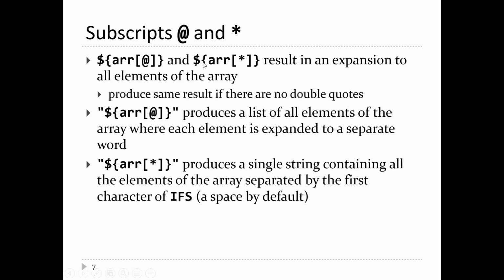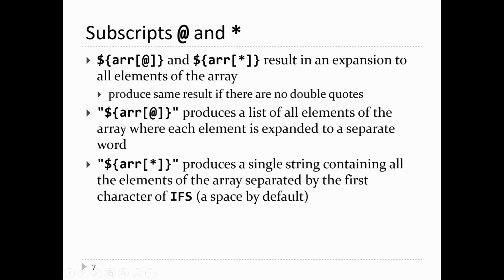Right? So whatever strings you have in your array, you end up with the same expansion. So what you get is a list of all the elements in the array. Okay? Now, there's no double quotes around this, right? So both of them, you get the same result, right? You get a list of all the elements that are in the array.